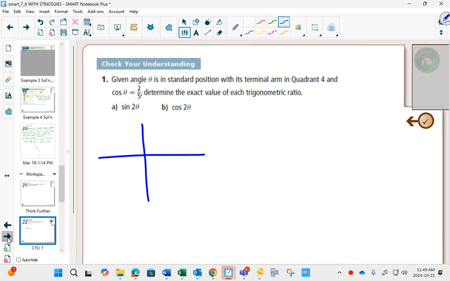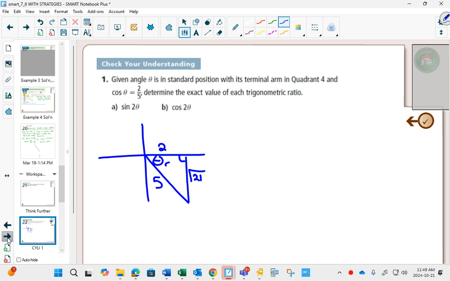You draw the triangle in the quadrant. So it's in quadrant 4. I go back to the nearest x-axis so that I can label my reference angle. And since I know cos of theta is 2/5, the adjacent side is 2, the hypotenuse is 5. Then I could do a squared plus b squared equals c squared and get the square root of 21. So I draw my triangle, I label all of my sides.